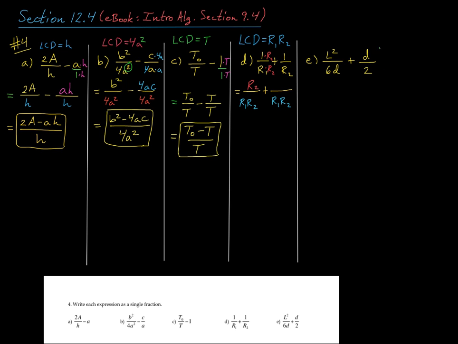And then in the second fraction, I'm missing an R1. So I multiply the 1 by R1. So again, R1 up there. And then last thing would just be to combine the numerators. So I'd get this. And this is completely fine.